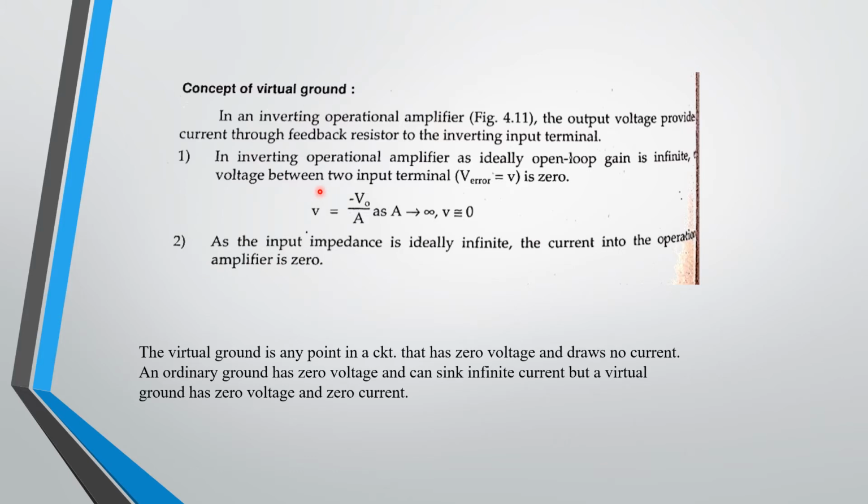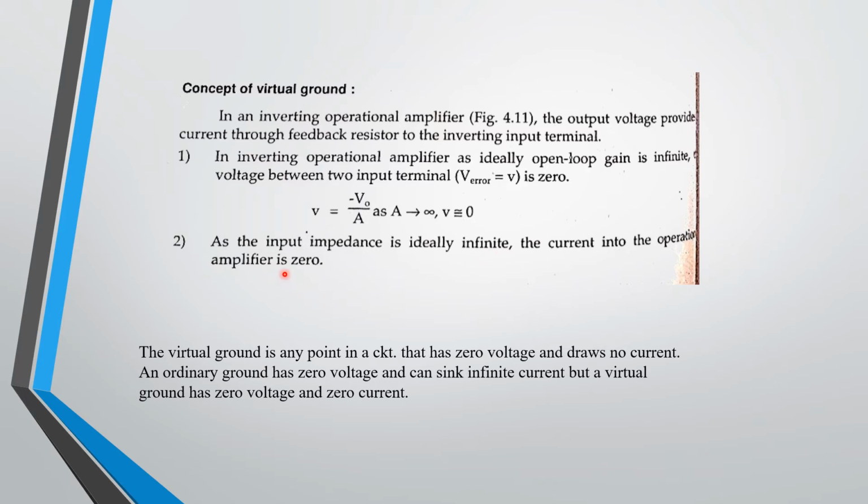So the voltage between the two input terminals will be equal to 0. That will be equal to minus Vo upon A, where A is nothing but the gain. As the gain is infinite, this voltage is nearly equal to 0. As the input impedance is ideally infinite, the current into the operational amplifier is 0.